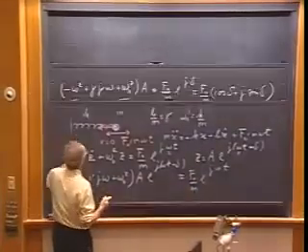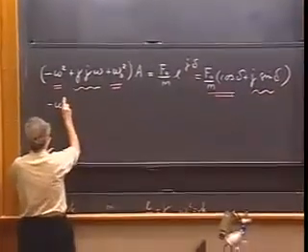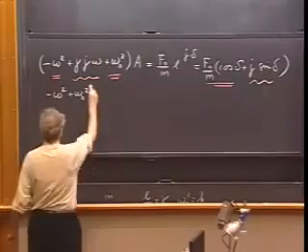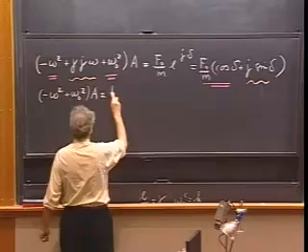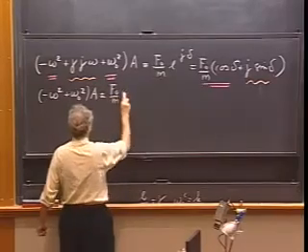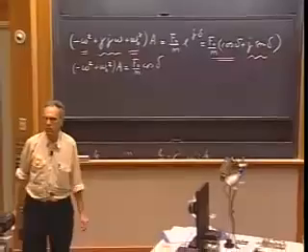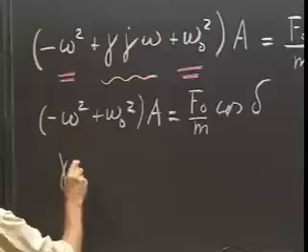So we now get that minus omega squared plus omega 0 squared, times A, must be equal to f0 divided by m times the cosine of delta. Apples on both sides are equal, and now we get the oranges on both sides.